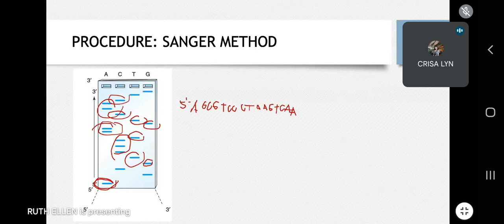Next, cytosine, guanine. Next, thymine, and last, guanine. Okay, guanine dash 3'.